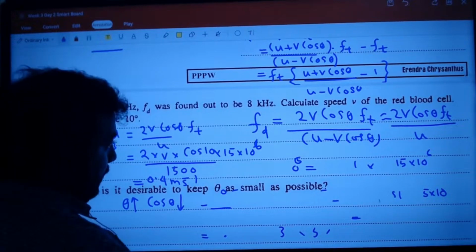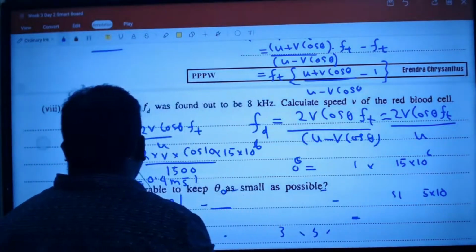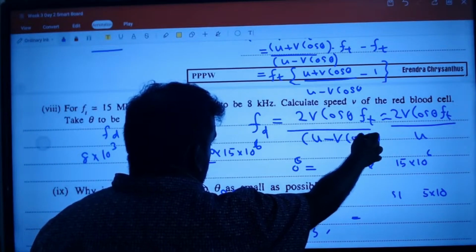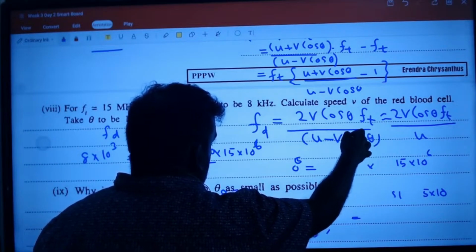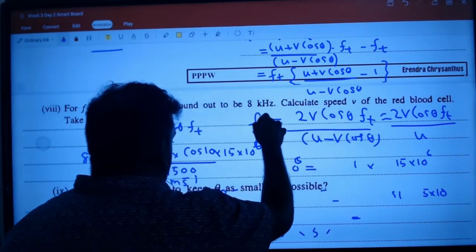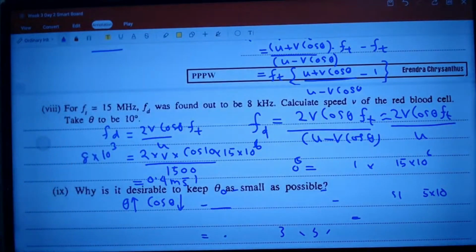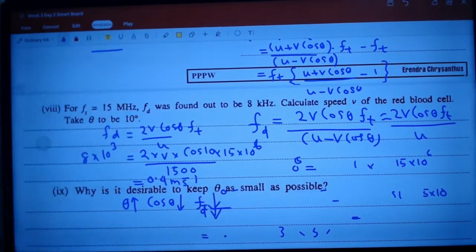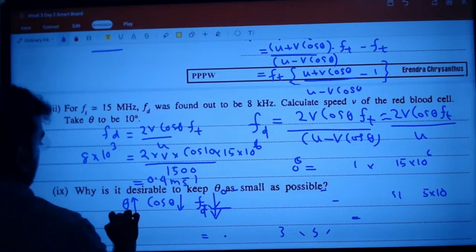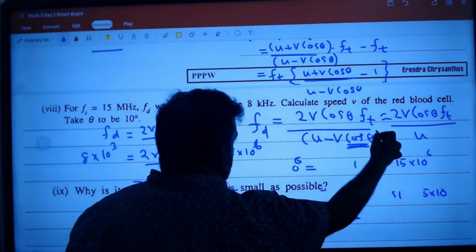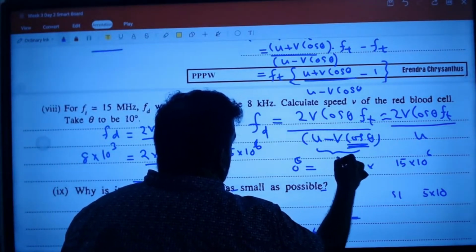If theta becomes large, cos theta will be small, this part will be small, and the difference will be large.